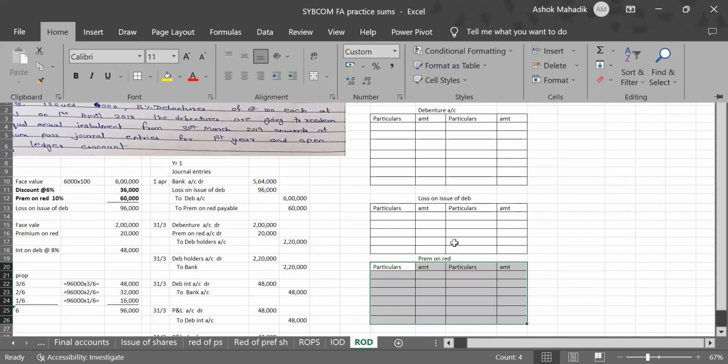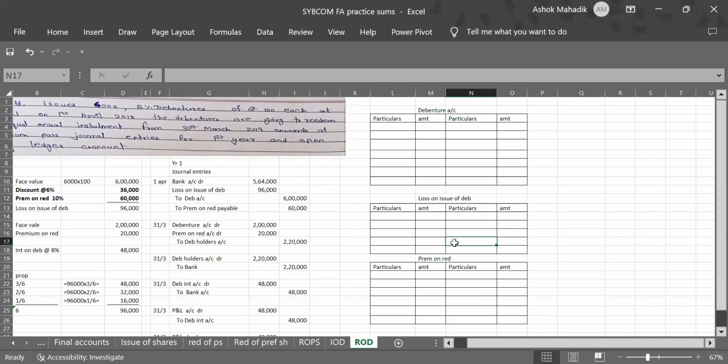So the very first entry: bank account debit, loss on issue of debenture account debit, to debenture and to premium on redemption. As a basic rule, in the debenture account, debenture will never be posted, but you can post the other items. I'm not making the date column, but you can make it in the exam.